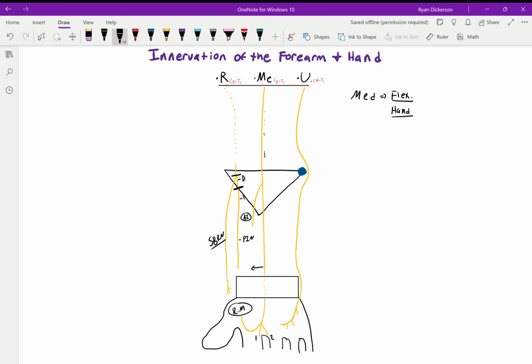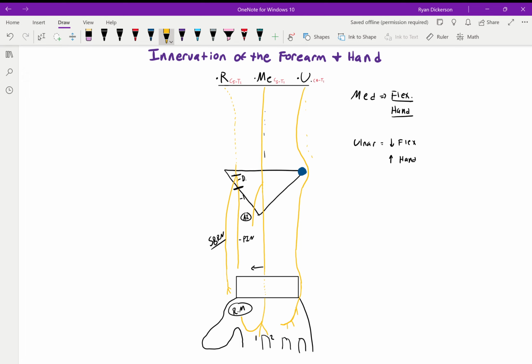That can be contrasted to the ulnar nerve, which is going to do a little bit of the flexor forearm, but a whole lot of the musculature of the hand. So the ulnar nerve coming down, it's not doing anything at the upper limb. When it gets into the flexor forearm, it's going to do 1.5 muscles.